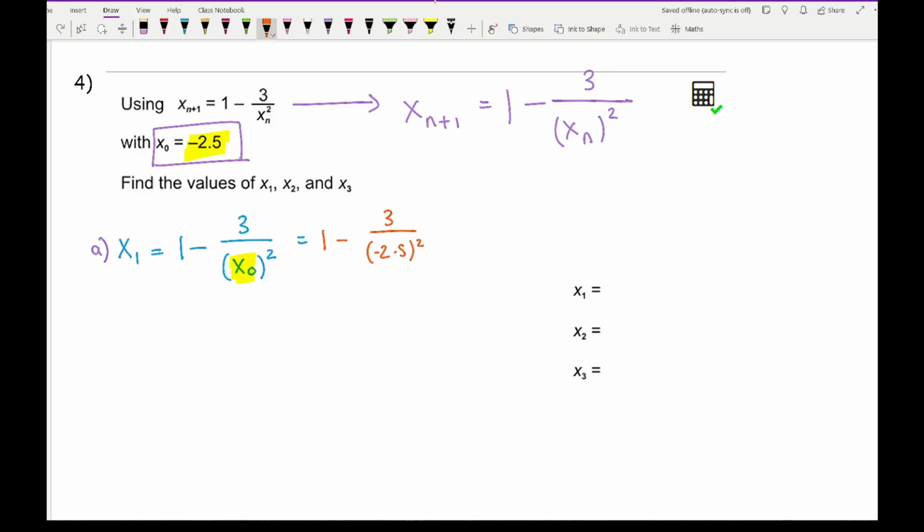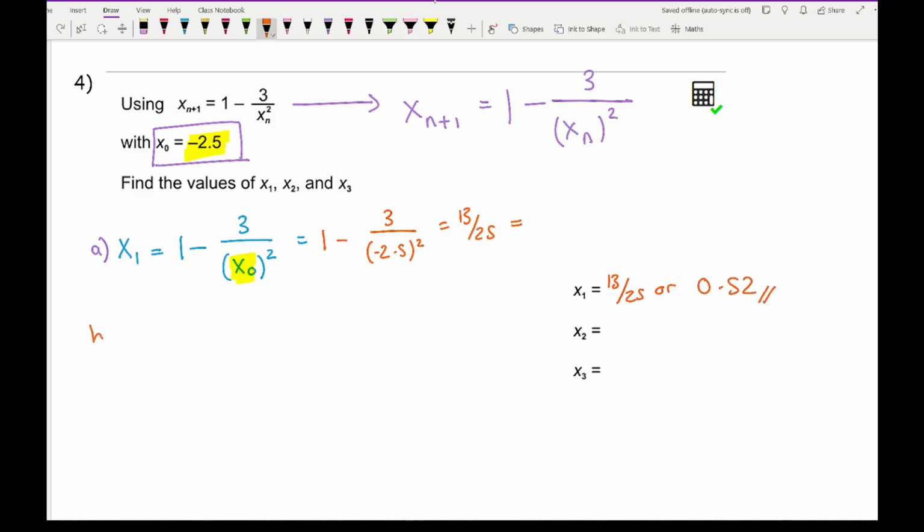Now when you're dealing with negatives, especially on the calculator, always use brackets. So typing that into my calculator, I get 1 minus 3 over bracket minus 2.5 squared, and if I press equals, I get an answer of 13 over 25. So that becomes 13 over 25, or if I wanted to write it as a decimal, 0.52.